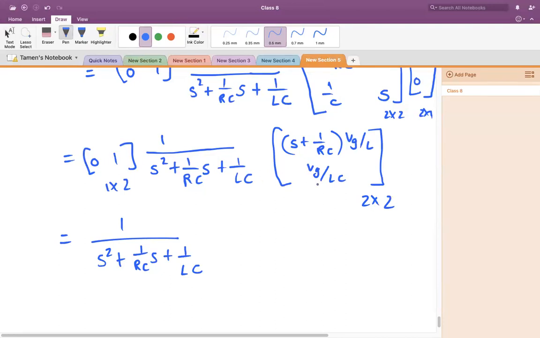First row into first column, that is 0 into this plus 1 into this. We get a single value only, that is VG by LC. So finally the equation is this one.